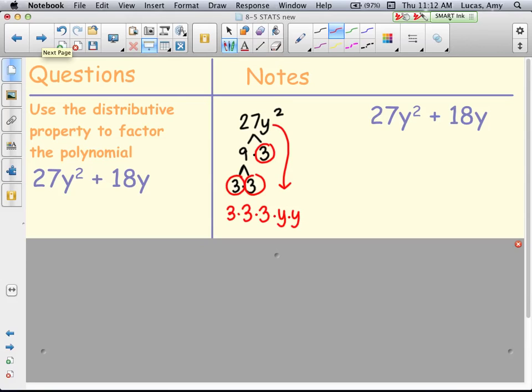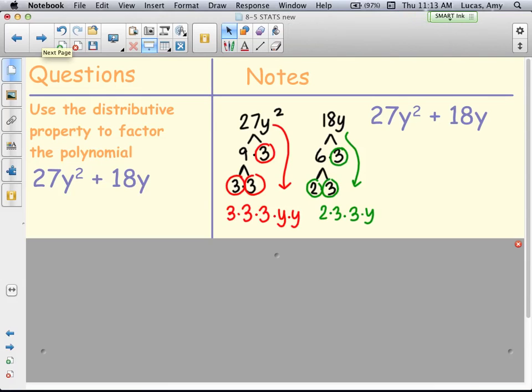So 27y squared, written as prime factorization, is 3 times 3 times 3 times y times y. I'm going to do the same thing with my 18y. 18 is 6 times 3, and 6 is 2 times 3. So the prime factorization for this one is 2 times 3 times 3 times y.